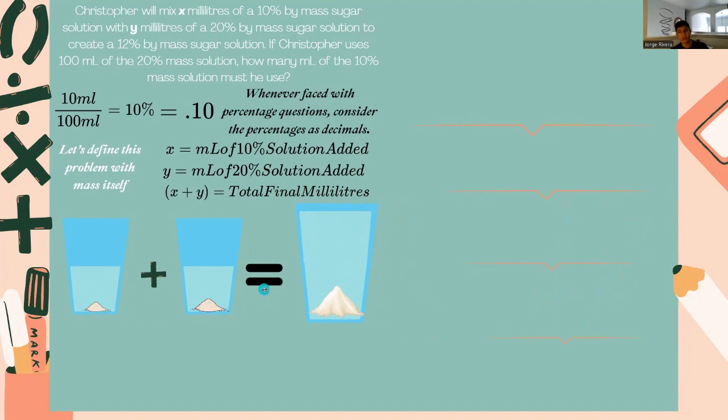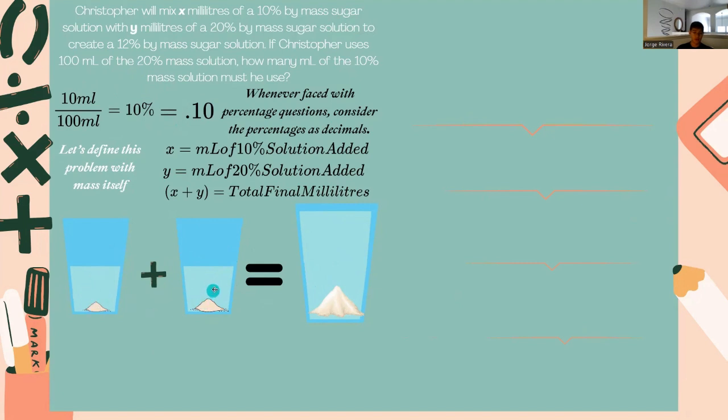So what we need to do is find out how much of each of these we need to create this. We already have the amount of 100 milliliters of the 20% mass solution. And we need to find out, in order to create a certain amount of 12%, how much of the other we are going to need.